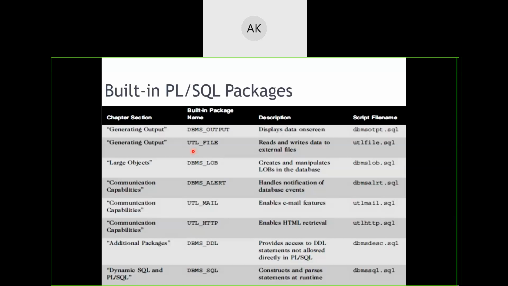Like that, we have UTL_FILE, DBMS_ALERT, DBMS_MAIL, HTTP, DBMS_SQL. You need to remember any 5 of them. This is again an important question. Just remember the names of the built-in packages, and if possible, their descriptions, why they are used.